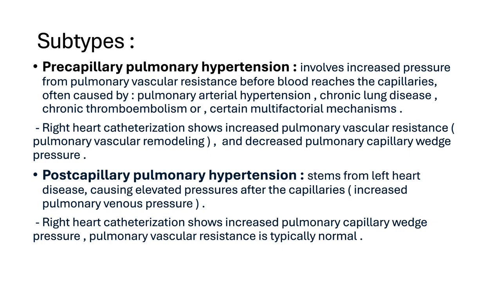For precapillary pulmonary hypertension, it shows an increase in the pulmonary vascular resistance, which is due to a remodeling within the pulmonary vasculature, and decreased pulmonary capillary wedge pressure. While for postcapillary pulmonary hypertension, it shows a normal pulmonary vascular resistance and increased pulmonary capillary wedge pressure.